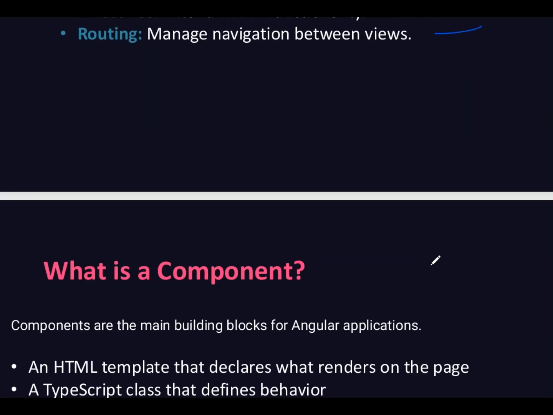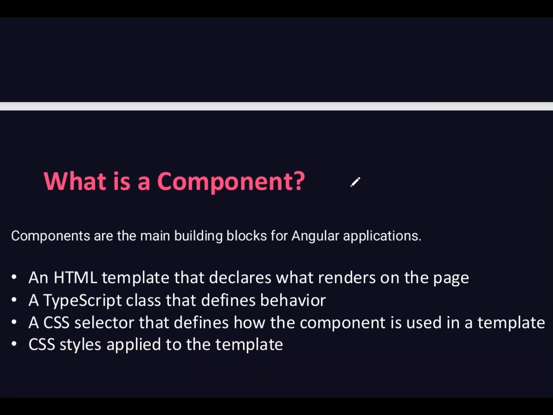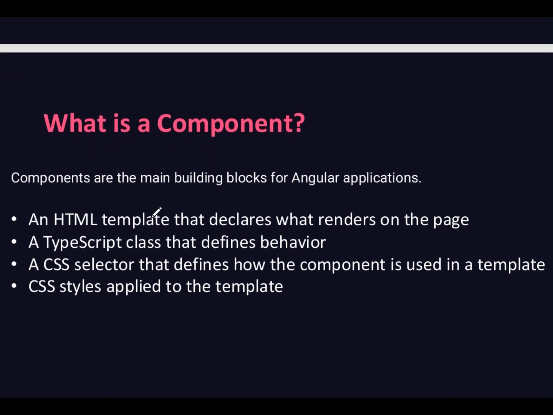Let's go for the third one. What is a component? It is the main building block of an Angular application. It has an HTML template that declares what to render on the page, TypeScript that defines the behavior, and a CSS selector that defines how the component is used in the template, with CSS styles applied to the template.